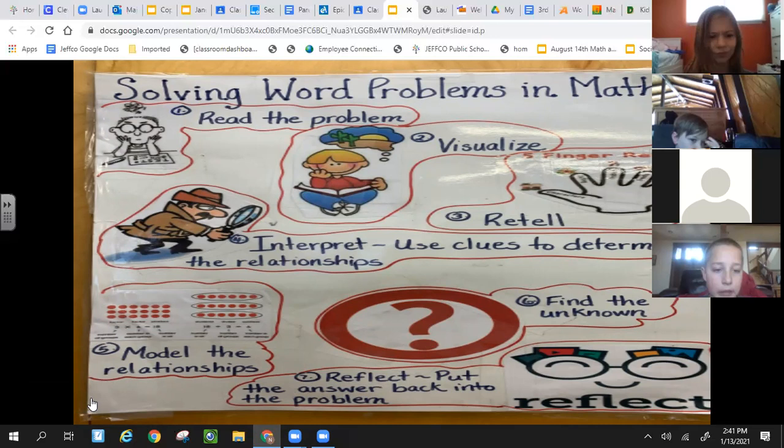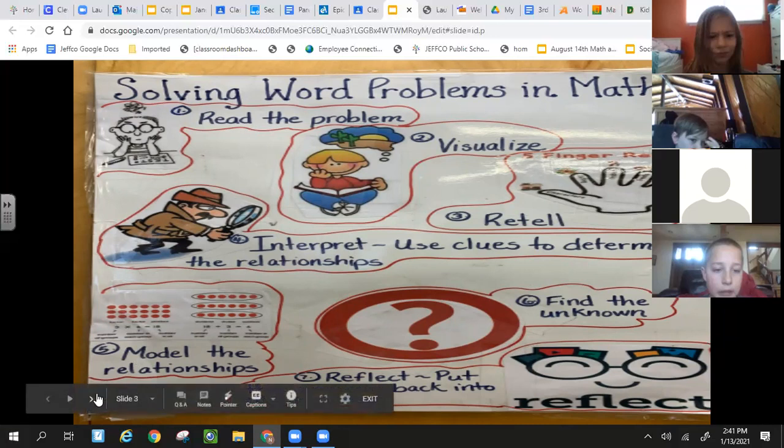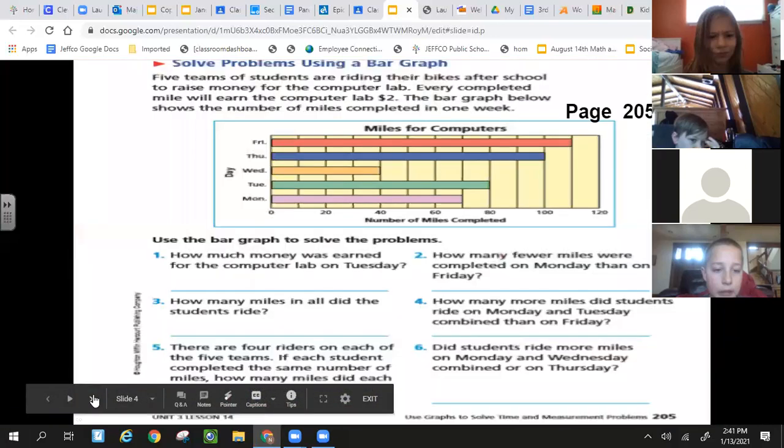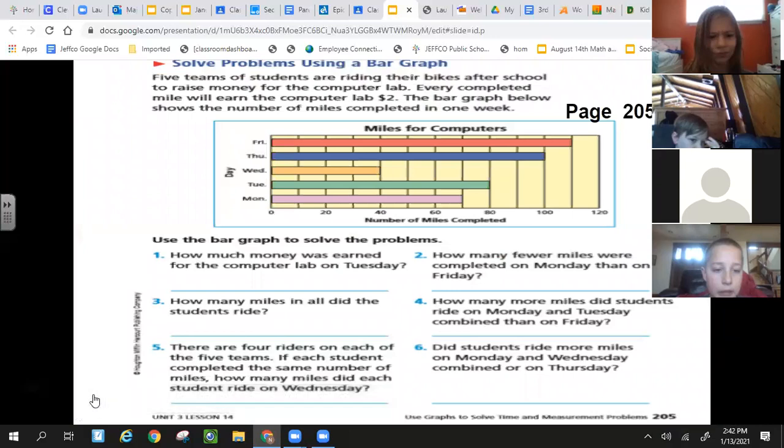You don't just want to pull numbers out of a story problem and say, oh, I think I'll add these together. No, you got to understand. It's just like comprehending what you're reading in ELA or in science, the same idea. We're going to look for clues, model the relationship, find the unknown, and then reflect and see if it makes sense. All right, we're going to look at page 205.